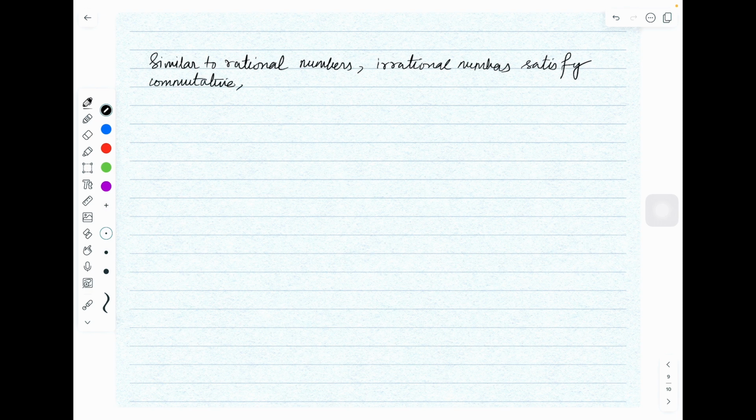So I am going to write, similar to rational numbers, irrational numbers also satisfy commutative, associative, and distributive laws for addition or multiplication.